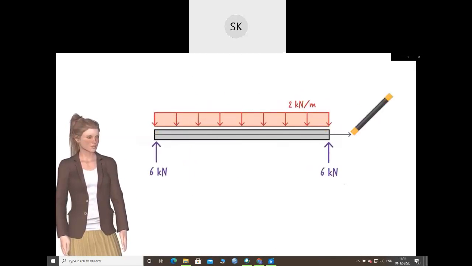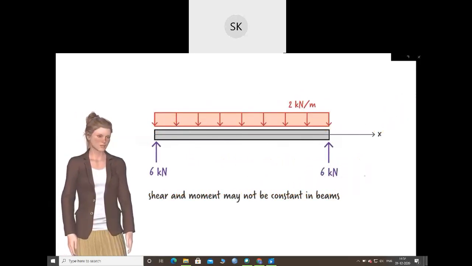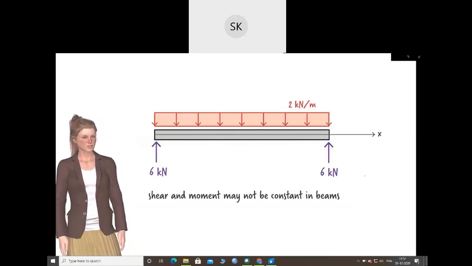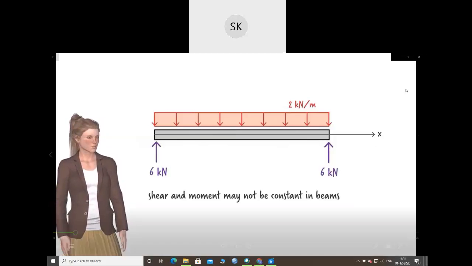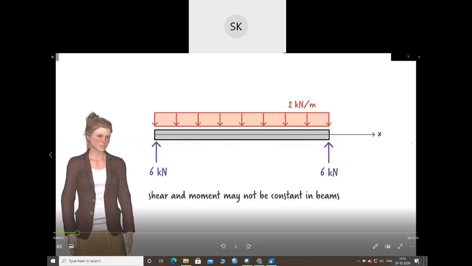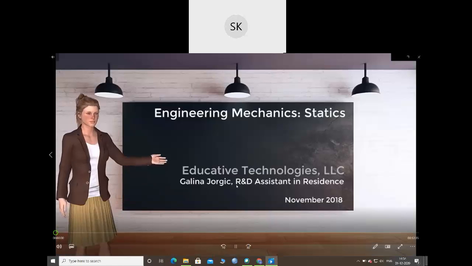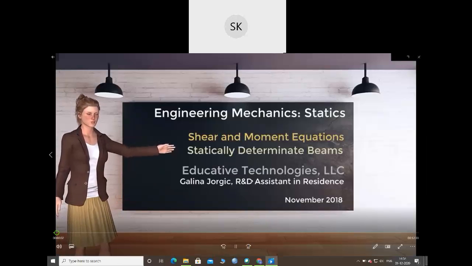Since shear and bending moment may not be constant along the length of the beam, we need to be able to either express them mathematically or graphically so that their maximum and minimum values can be readily determined. In this lecture, we focus on the mathematical shear and moment equations.